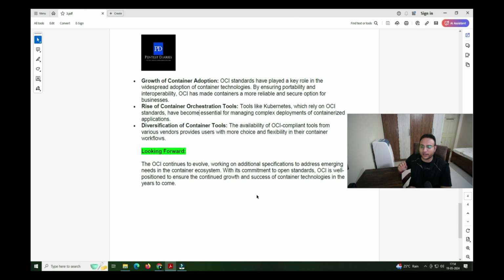That was the reason I tried to cover why these things were introduced in the market, why OCI, wherever we are pulling the repositories and images, why the images are present over there, who is maintaining them. Now it's a bit clear to you where we are getting the images from.